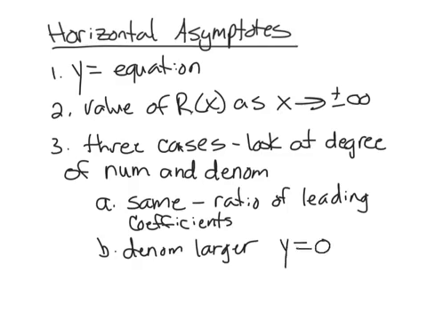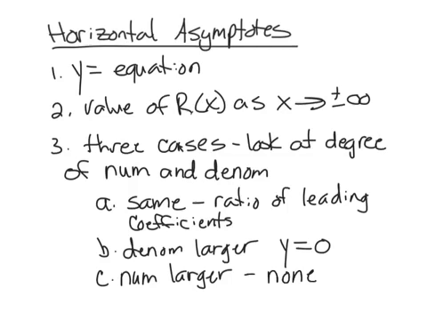So in that case, your horizontal asymptote is y equals 0. And then finally, if the numerator is larger, there is no horizontal asymptote because the function just keeps increasing. So those are our 3 cases for the horizontal asymptote.